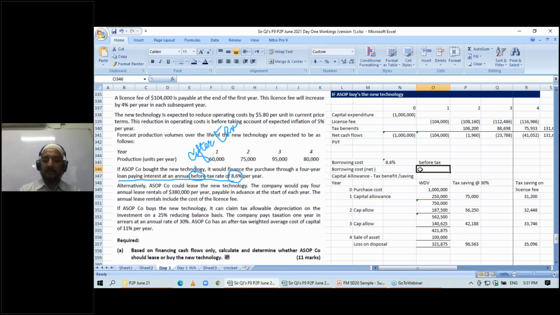The formula is the interest rate multiplied by 1 minus t, where t is the tax rate. So 8.6 multiplied by 1 minus 0.3. 0.3 stands for the tax rate of 30%, right?